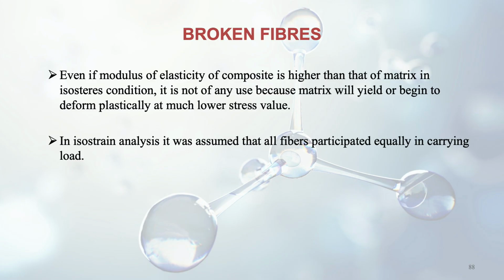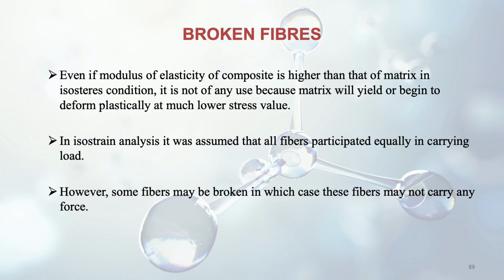So after discussing this, there may be a condition where fibers may be broken. So we will discuss this condition now. In isostrain analysis, it was assumed that all fibers participated equally in carrying the load. However, some fibers may be broken inside, in which case these fibers will not be able to carry any kind of load or force.